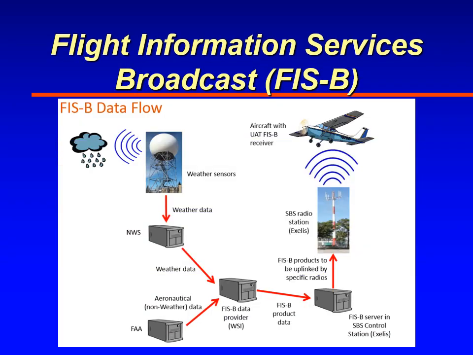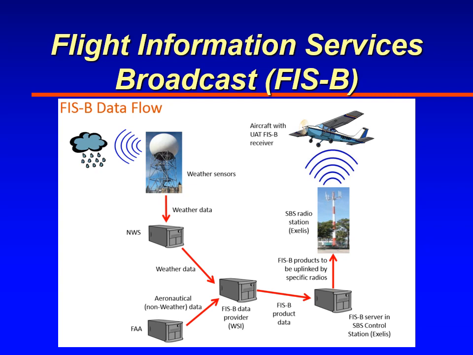This is just a schematic of how the weather information flows, taking, for example, just radar. Weather radars, of course, are ground-based. There's a network all across the United States, the WSR-88Ds. We call those NEXRADs. That weather information goes to the National Weather Service. The National Weather Service provides that information free to vendors.